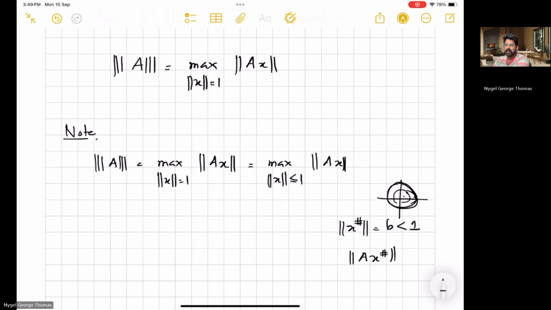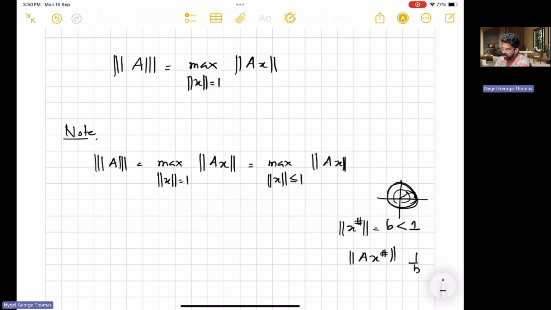But we can scale this x up to come to 1. How do we scale it? We can scale this x by 1 by b, so that it will lie on the unit circle. Since b is less than 1, 1 by b is greater than 1.